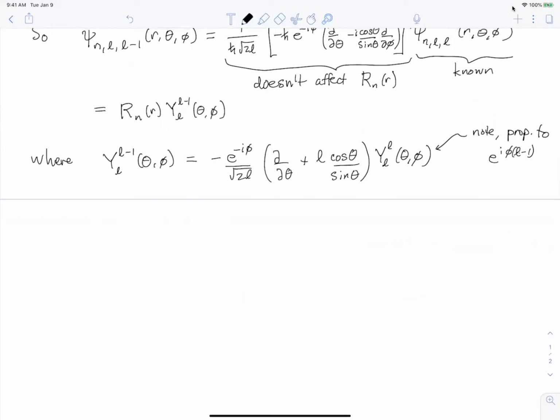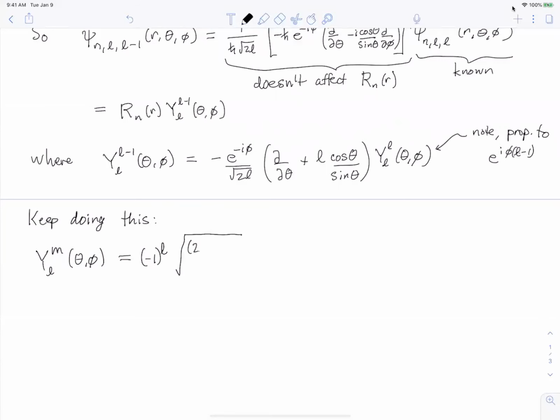So if you keep doing this, however many times you need to get a general m, you find Y L m of theta, phi is a rather messy expression. So first of all, there's a minus 1 to the L factor, and that comes about just because we already made a decision to include that factor in Y L L, and it just stays there as we keep acting with the other factors. There's also a factor of square root of 2L plus 1 factorial over 4 pi.